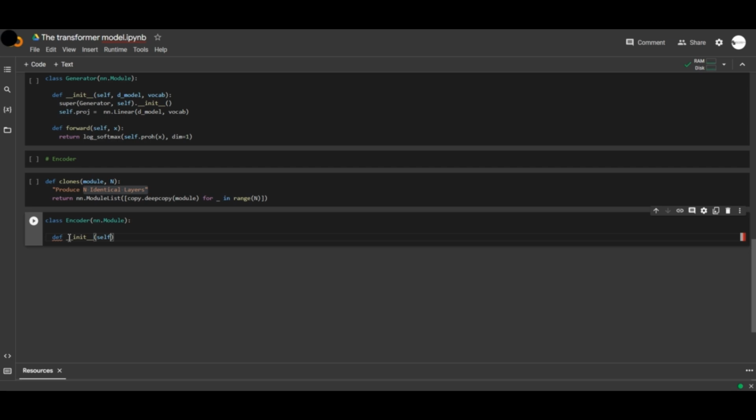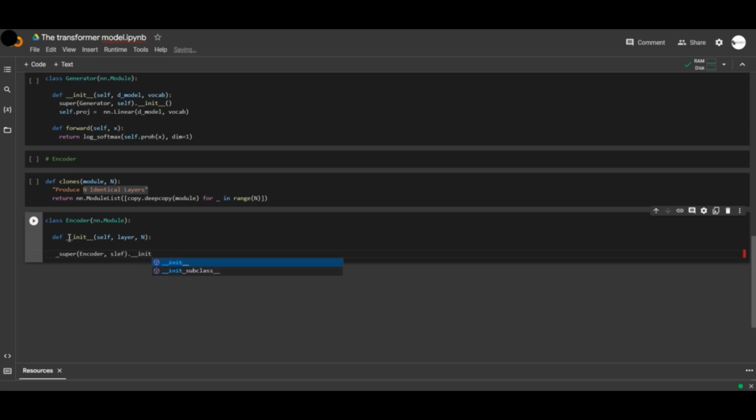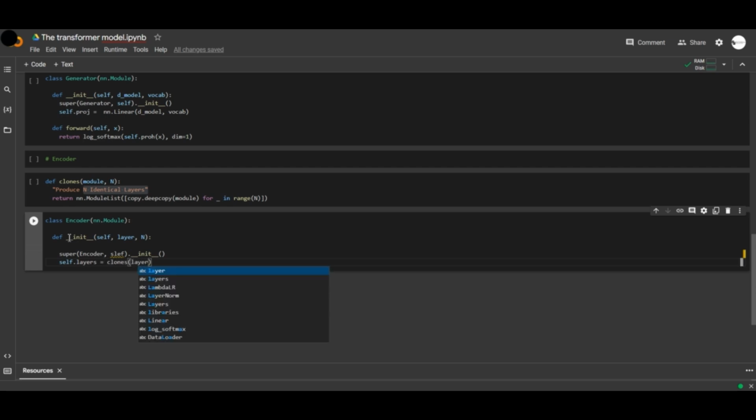I'm going to take in self, layer, and N, which tells me the number of layers within the encoder component. Then self.layers equals clones. So take the layer and pass in the number of layers.